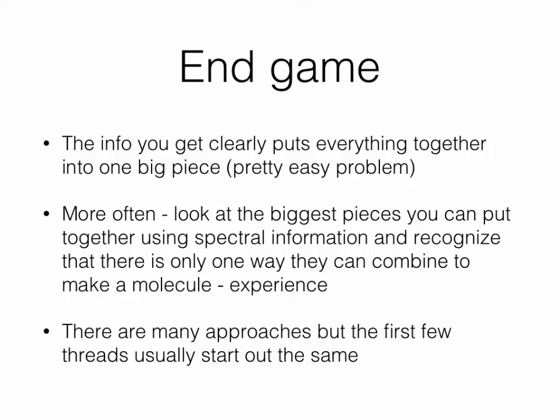More often you'll have a set of bigger pieces and you'll look at them and puzzle them, and using your chemical intuition you'll recognize that there's only one way they can come together, and that's your structure. The other alternative is there are several ways they can come together and you need more information, and there are other spectral techniques, but for this course we're going to try to stick to problems that can be solved with this amount of data, which is really quite a few structures.